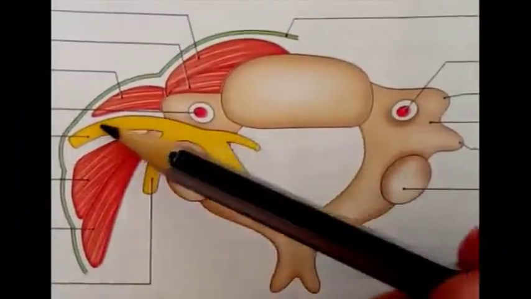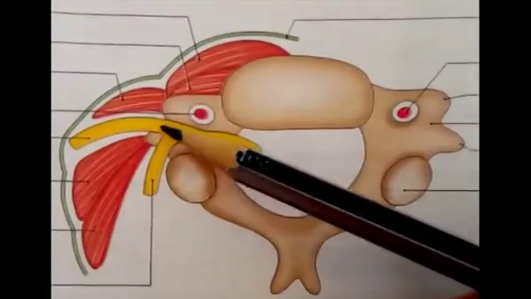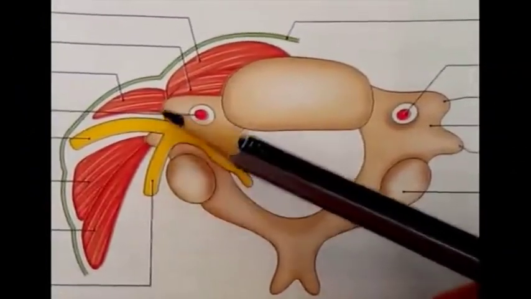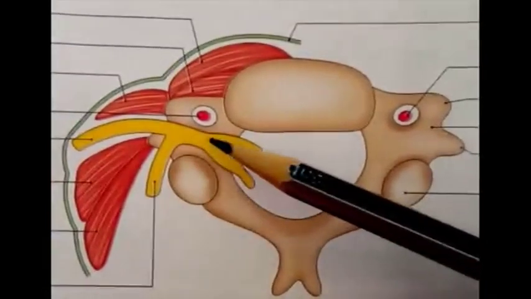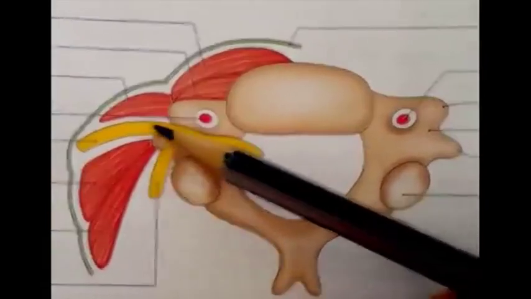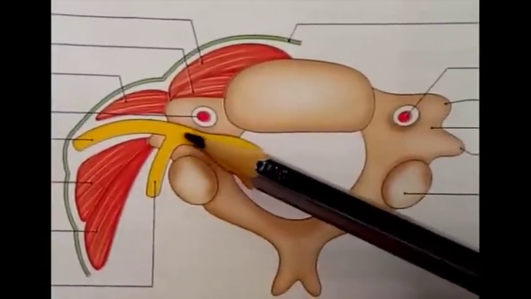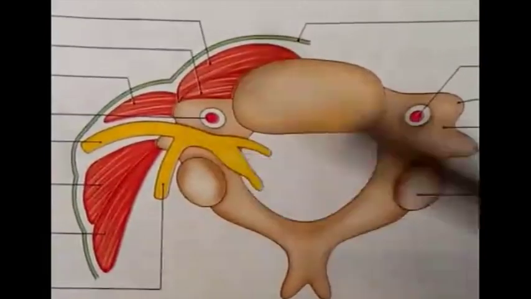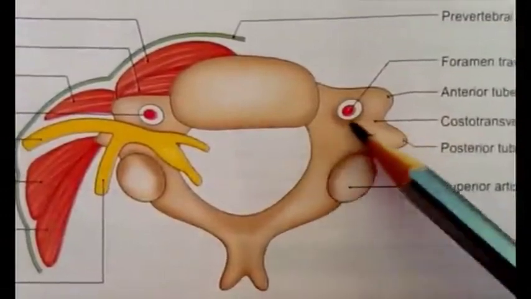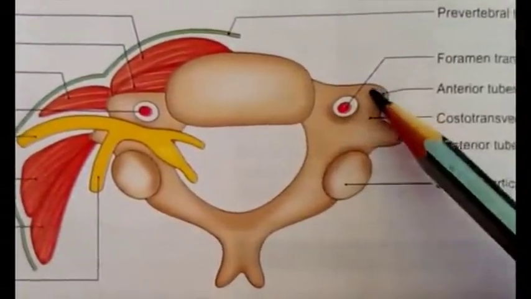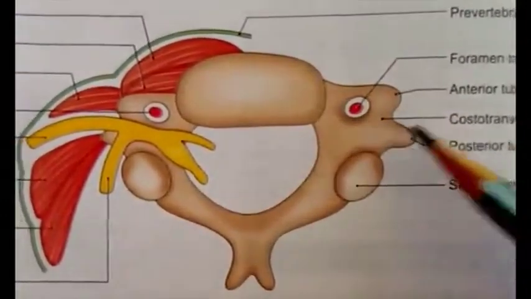So ventral ramus emerges between the anterior and posterior tubercle of transverse process of the cervical vertebra, grooving the costo-transverse bar. So this area is the costo-transverse bar. Costo-transverse bar is the area of transverse process present between the anterior tubercle and the posterior tubercle.